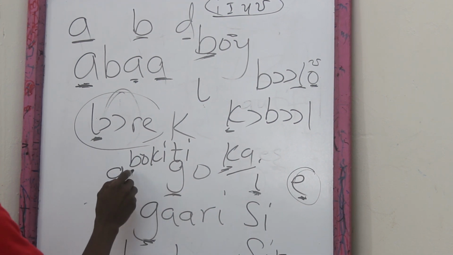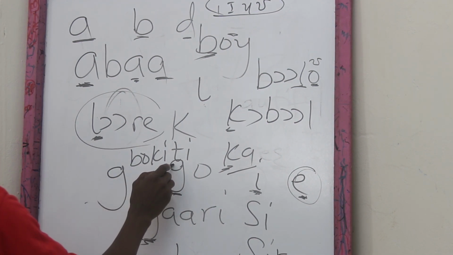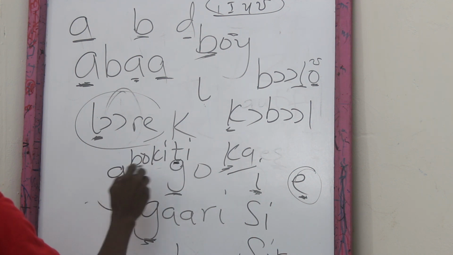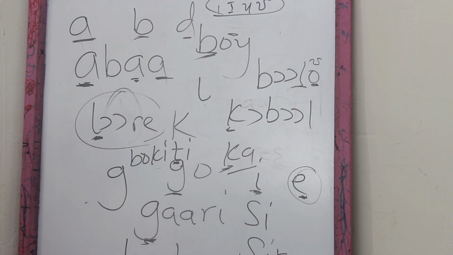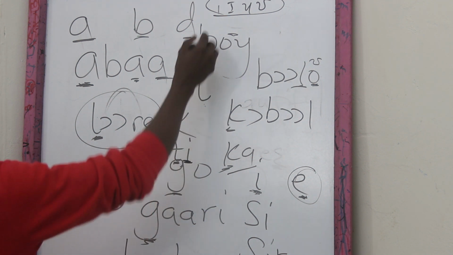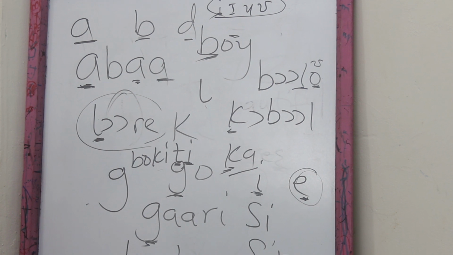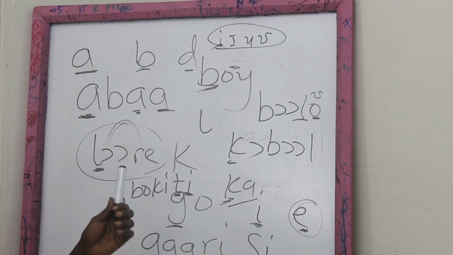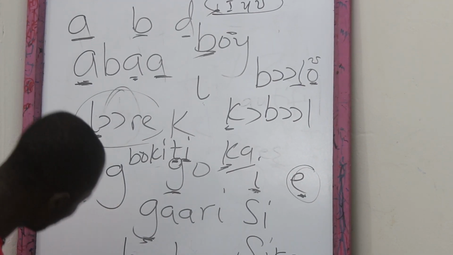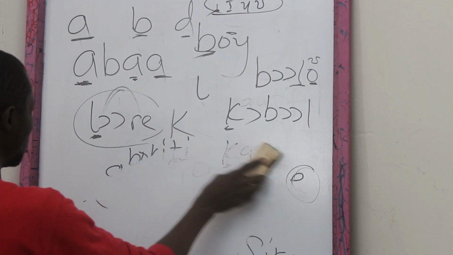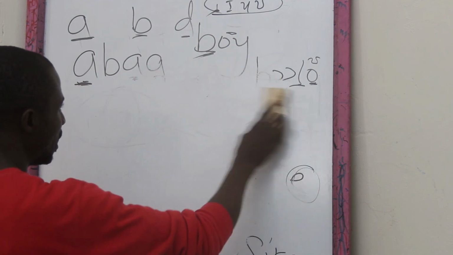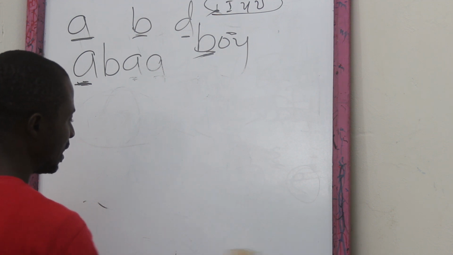The word is bucket, and this word is ending in a consonant. But to break that cluster so that we can assimilate it in Twi, we add a high vowel E to it so that it may sound as if it's a Twi word, which is actually a borrowed word. I was just talking about borrowed words in the Twi language and assimilating them in it.